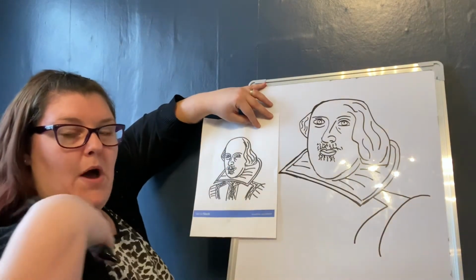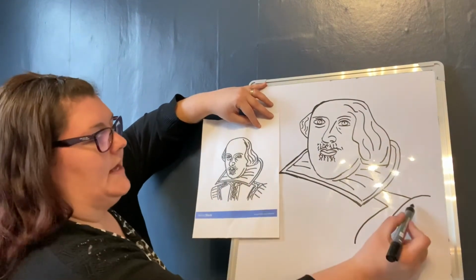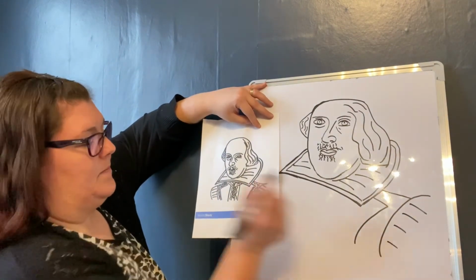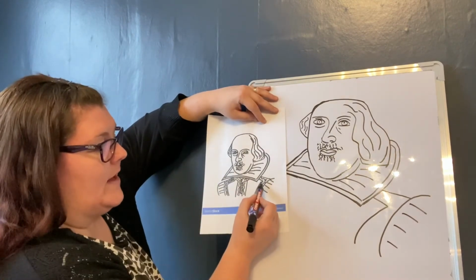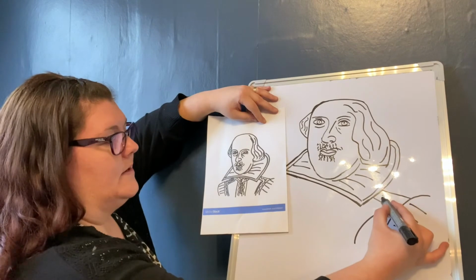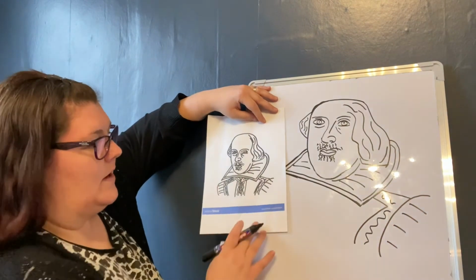They have big puffy sleeves. And then let's just do these lines here to show his posh puffy sleeves. And then inside here, we've got a wiggly line because they loved frilly clothes in Shakespeare's time.